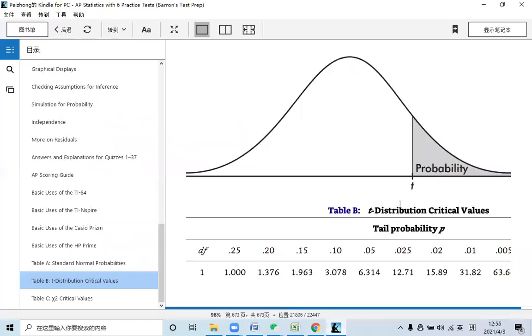Let's get a t-distribution. So here's a t cutoff. The table would give you a one-tailed test. If we are interested in, say, 5% probability, the 5% is located on one side. And if you want to do a two-tailed test, the 5% probability will be divided between the two tails.